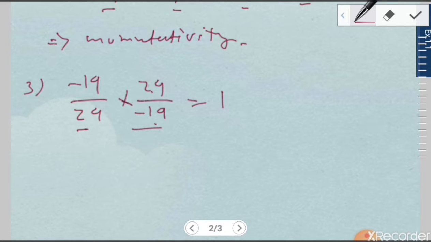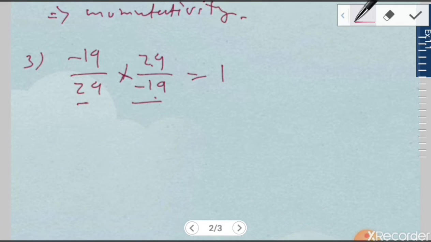So these both are reciprocals of each other. Whenever we multiply a reciprocal with the number itself, it becomes 1. So the property used here is the reciprocal.